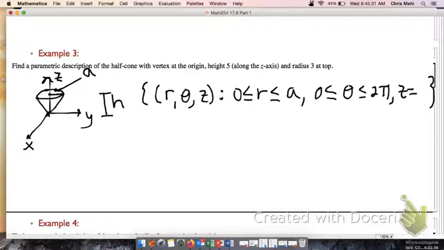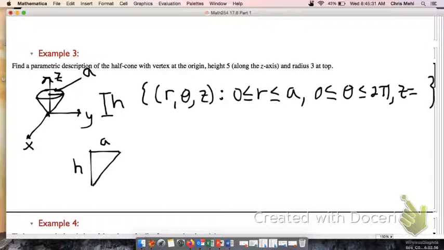Now you can use a little bit of triangle trig. If I look at the projection of the cone onto the ZY plane, this would be the height H, and this would be the radius A. I want to find the Z coordinate. This triangle that I drew is the projection of the entire cone.